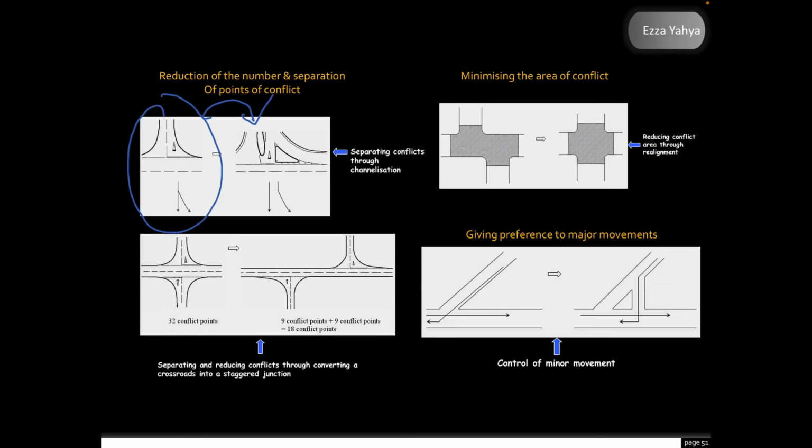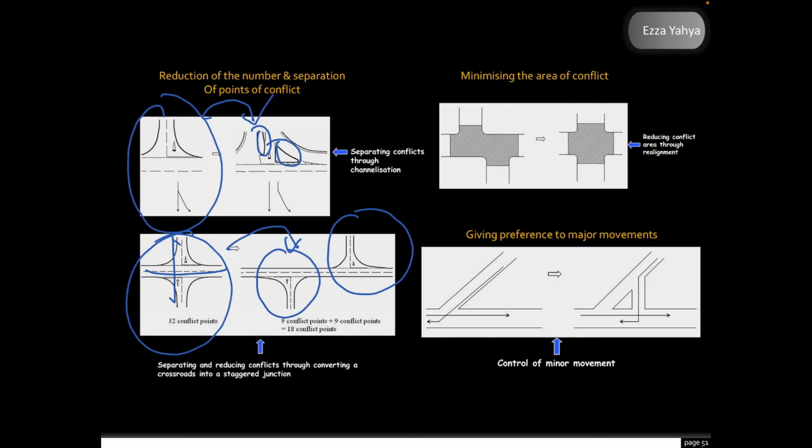Like here, from here we change to this one. So we create islands to separate the conflicts through channelization. Another one, we reduce the number of conflicts from the four-leg junction here to become two T junctions. So we can reduce from 32 conflict points to 18 conflict points.